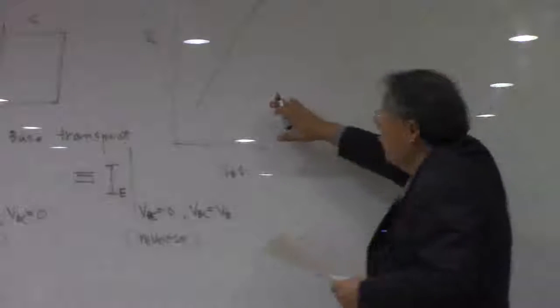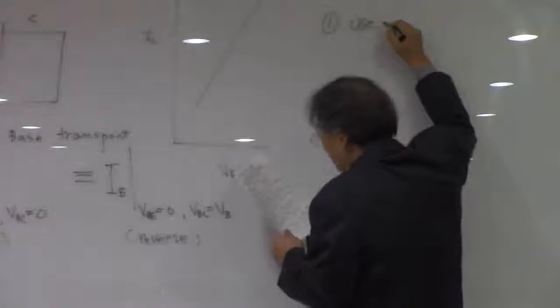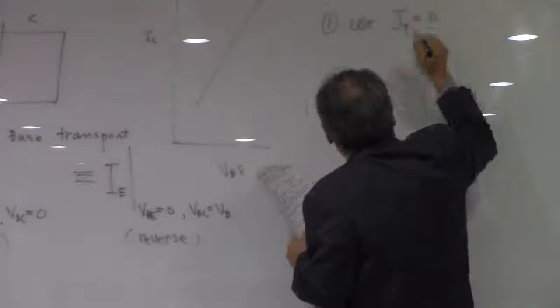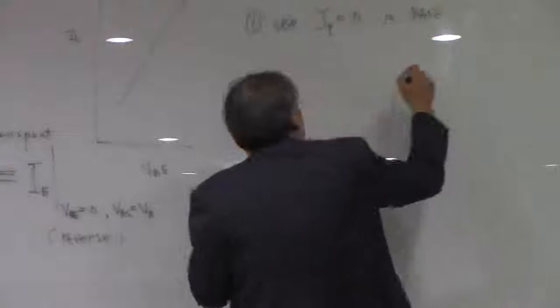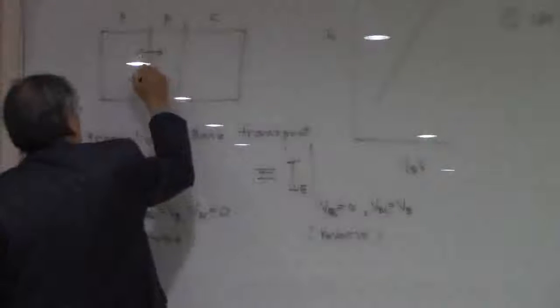And to deduce the collector current, we use JP equal to 0 in the base, to get the electric field existing between this emitter and the base, okay?